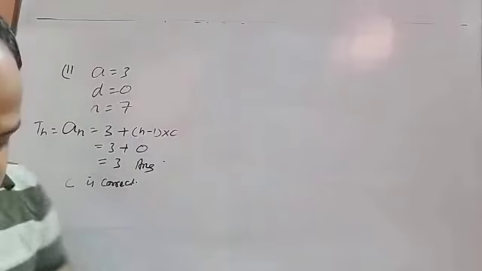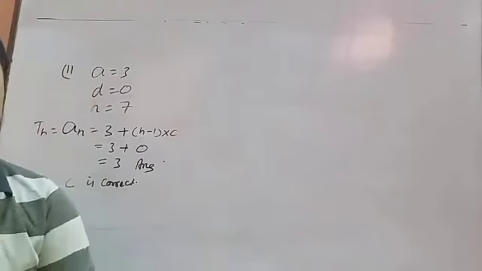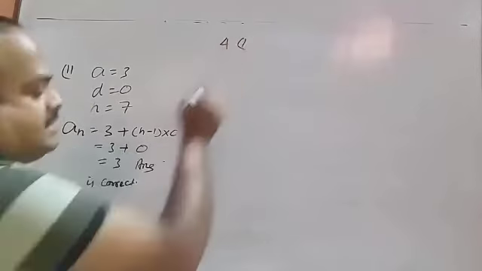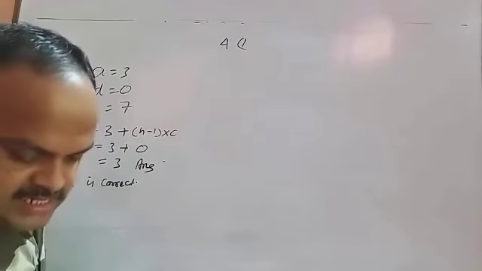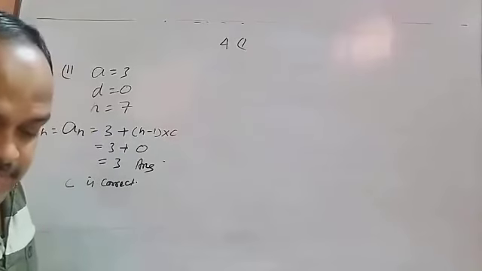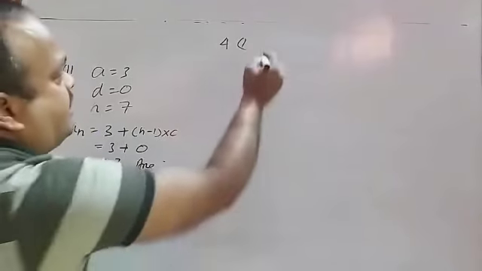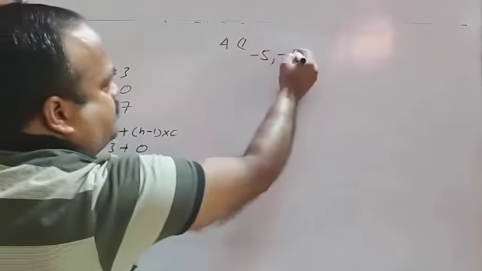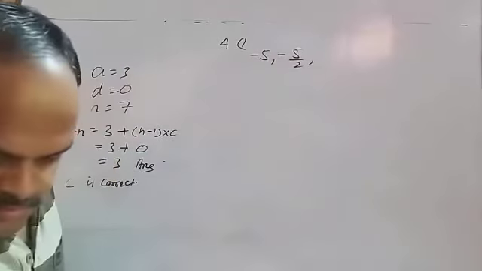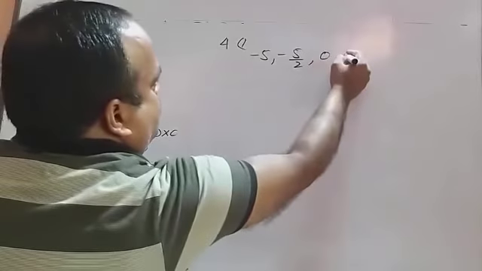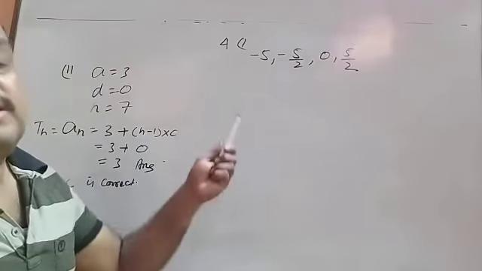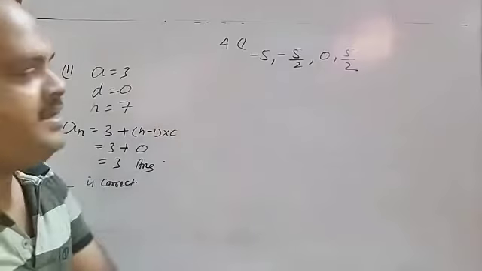Let us do the first part. We have a series, and it is already mentioned that the series is an AP: minus 5, minus 5 by 2, 0, 5 by 2. The series is already given as an AP.